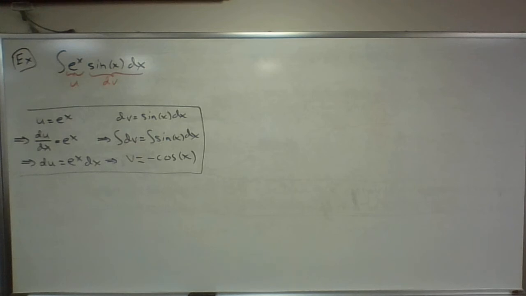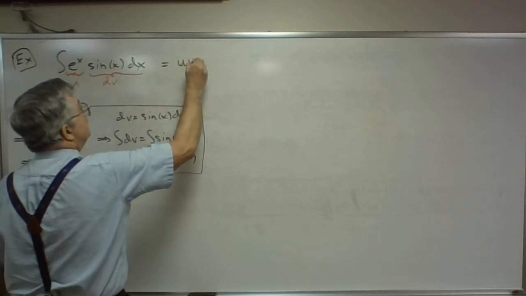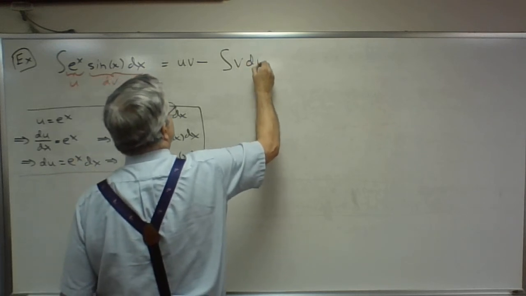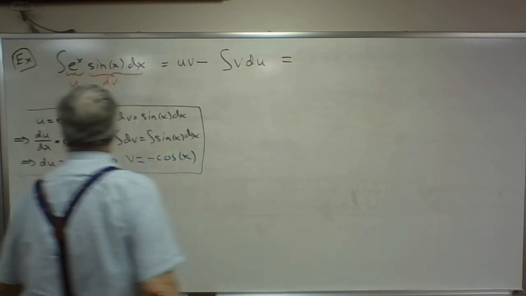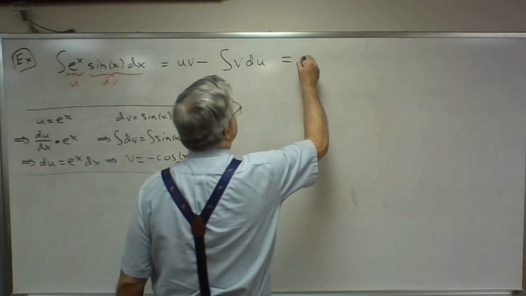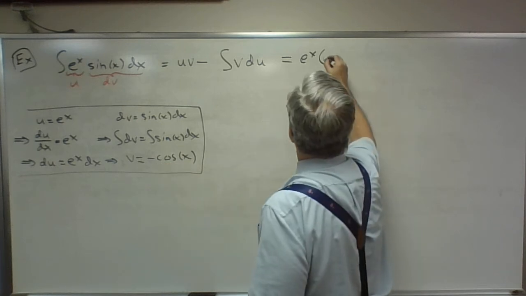Okay, there we have it. We have the integral of u dv. This is going to give us uv minus the integral of v du. u is e to the x. v is negative cosine of x.